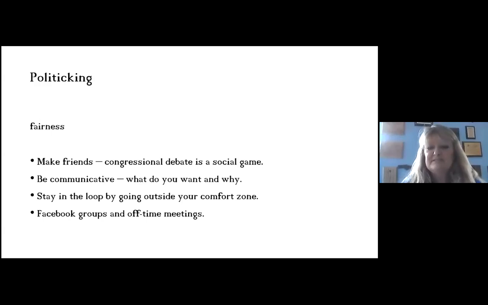All right, politicking. So this is what I was talking about earlier as, to me, one of the benefits of congressional debate that students don't get elsewhere. Politicking is good because politicking is a life skill. I was listening to someone talk about education and, I guess, the imbalance in education in some communities versus other communities.